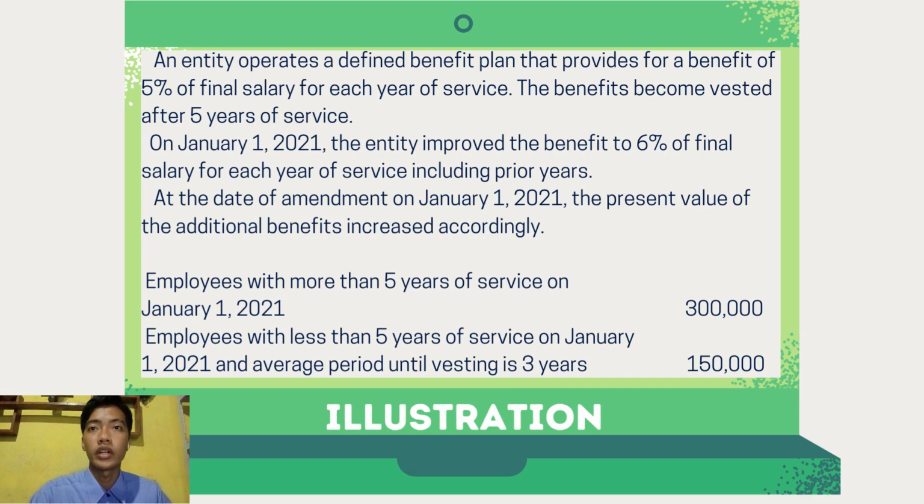Employees with more than 5 years of service on January 1, 2021, 300,000. Employees with less than 5 years of service on January 1, 2021, and average period until vesting is 3 years, 150,000. So the total past service cost is 450,000 shall be recognized as expense immediately as component of total benefit expense and added in the computation of defined benefit obligation.